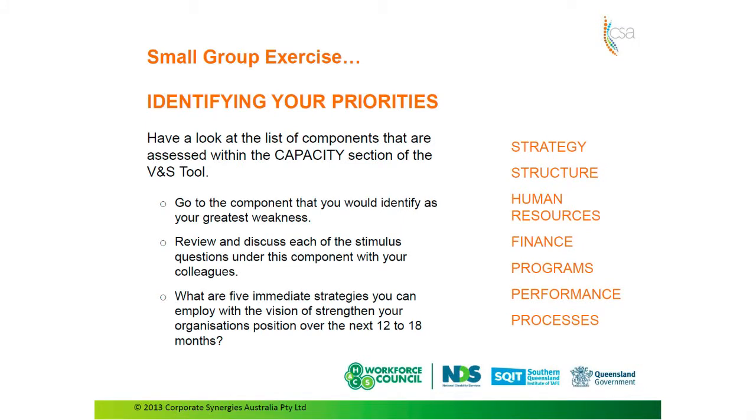In small groups, I want you to start by identifying your priorities under one of the sections of the International Assessment Tool. So as you go through the topics in the contents page on page 3, you will see that there are some key areas around strategy, structure, HR, finance, organisational programs, organisational performance, processes, and motivation.